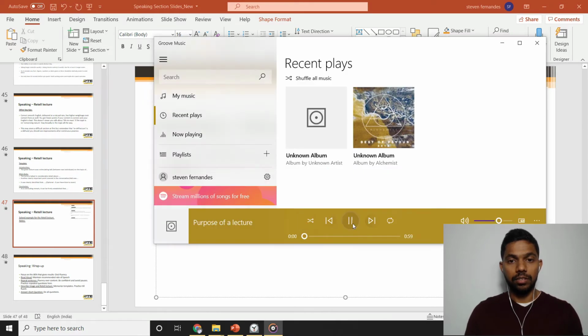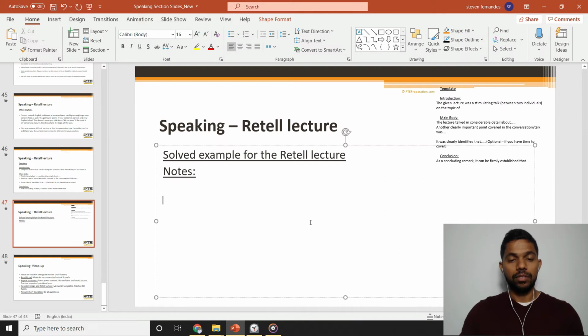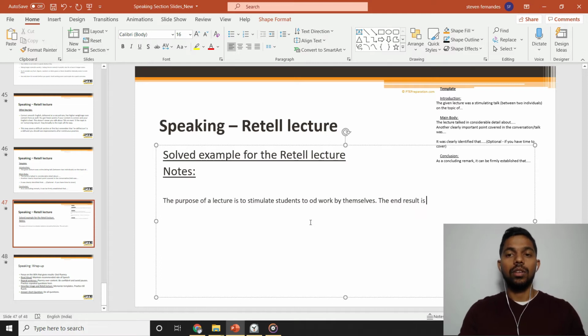The purpose of a lecture is probably to stimulate students in going to do work by themselves. The end result of a course must be to try and make a student autonomous so that they are happy in finding things out for themselves and not being given things that they'll accept uncritically. So learners need to know that that's the aim, the probable aim of their course of academic study, that they'll be able to be individual learners and independent learners.